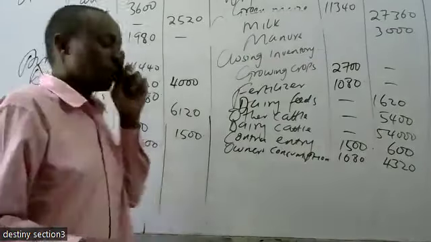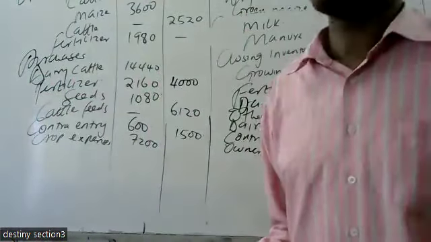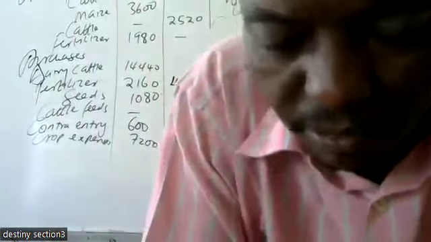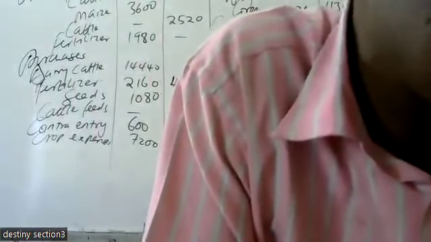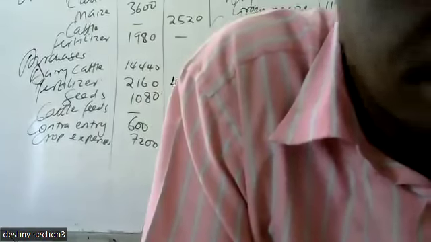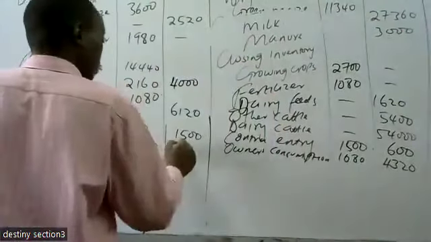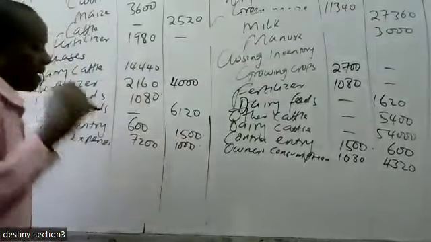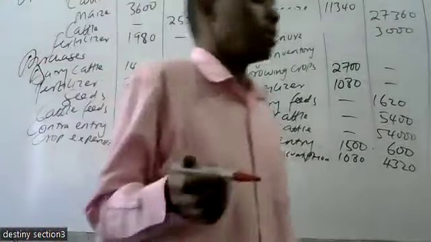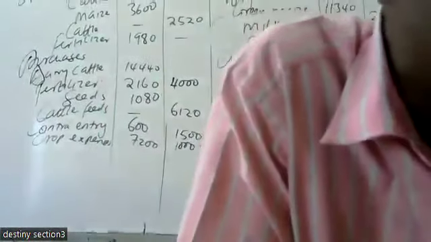Again, somewhere you have labor for, I think, livestock or something. Check, you'll find somewhere you'll have 1,000. There's another expense, which I think relates to crop or livestock, just around that area.